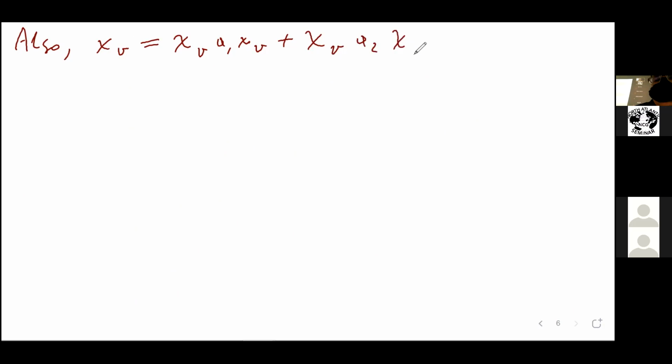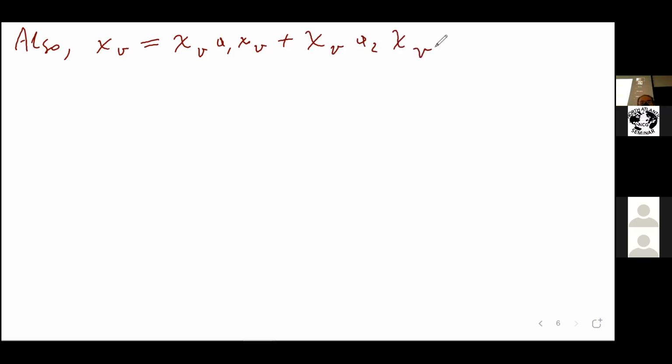Now, next. I claim that chi v is not idempotent. So you agree that I can write it as chi v A1 chi v plus chi v A2 chi v.